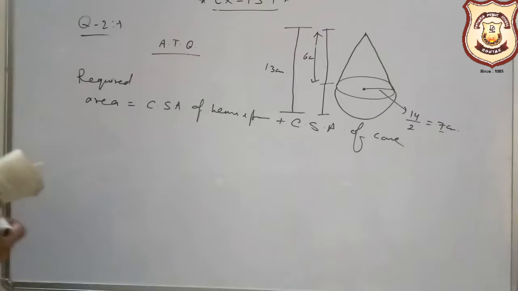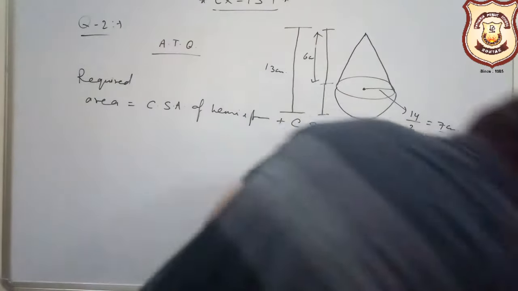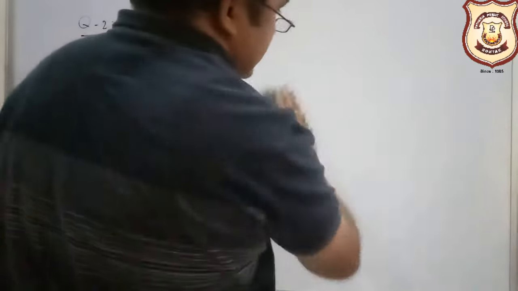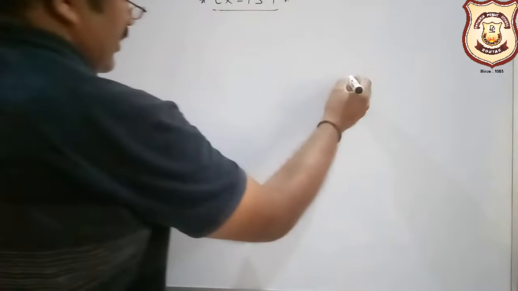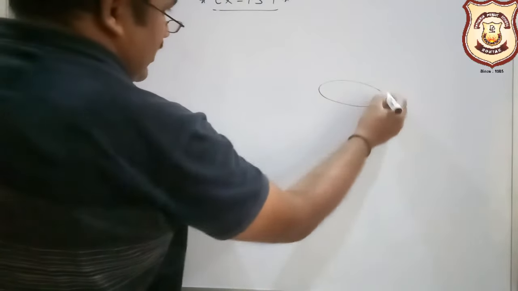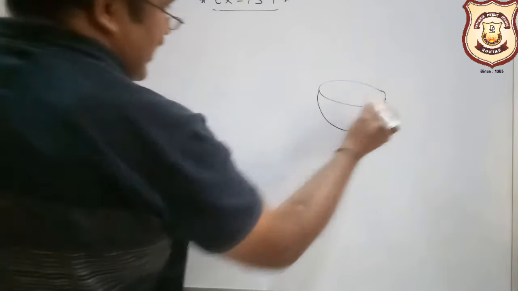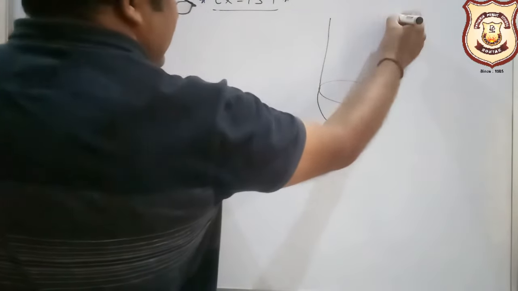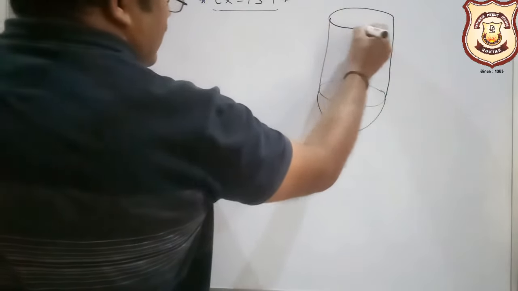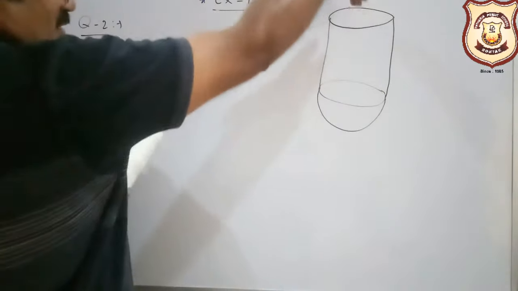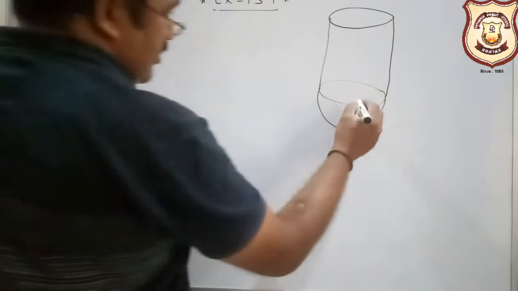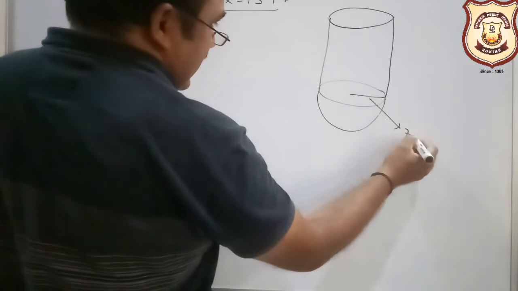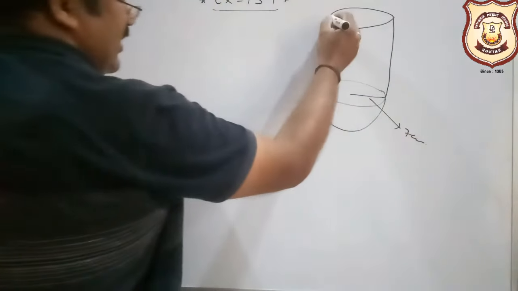Wait a minute beta, here they are not asking about a cone, they are asking about a cylinder. So see once again: hemisphere, this one, and cylinder. Now the vessel becomes, if we put anything in it... Here the diameter is given as 14, so the radius becomes 7 centimeter.